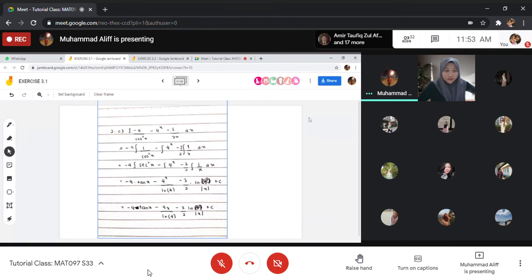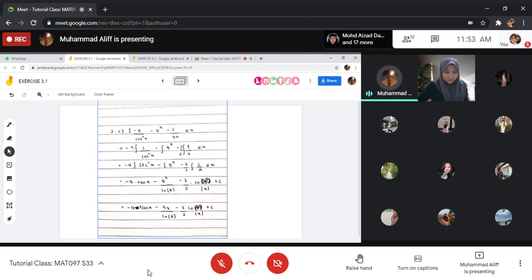Alif, okay. So for 2C, the question says to integrate with respect to x. The equation is negative 4 over cos square x minus 4 to the power of x minus 3 over 2x. First step, I integrate by splitting according to terms.